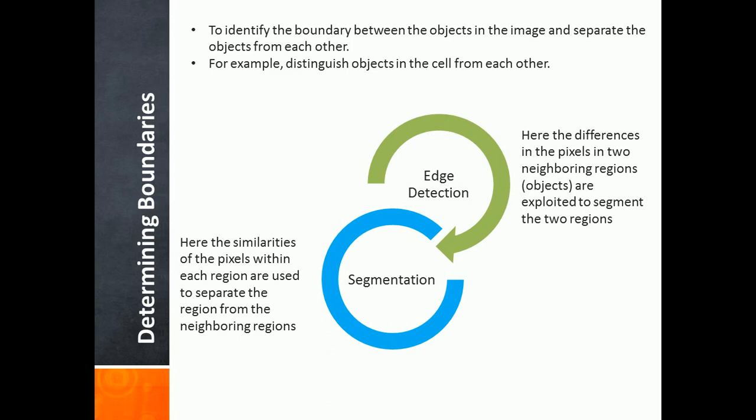Segmentation is the other side of the coin, where you explore boundaries by looking at the similarities between neighboring pixels. They both work. If you really think about it, it's just two sides of the coin, one is the head and the other is the tail.